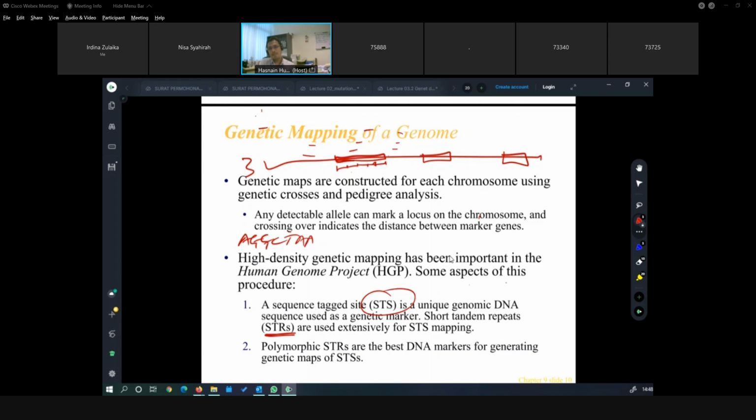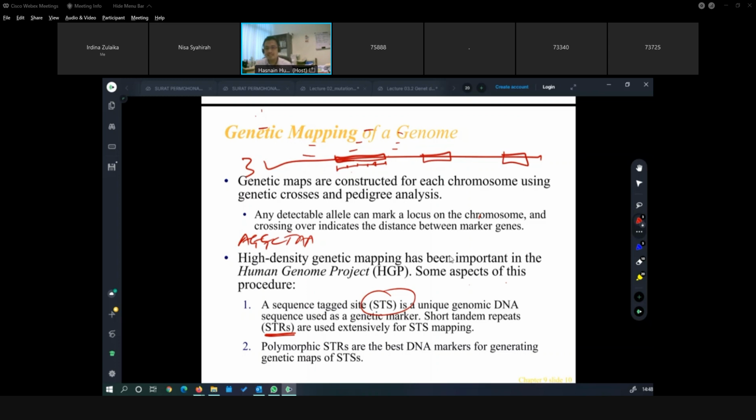So the marker can be a sequence of a full-length gene, or if it is a non-gene, it can be a repetitive sequence, like short tandem repeats, or sometimes another unique sequence called a sequence tag site. Polymorphic short tandem repeats are the best DNA markers for generating genetic maps of sequence tag sites. More or less, STR is a subset of sequence tag site.